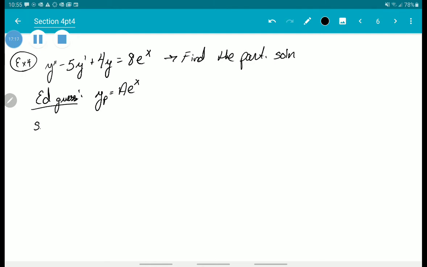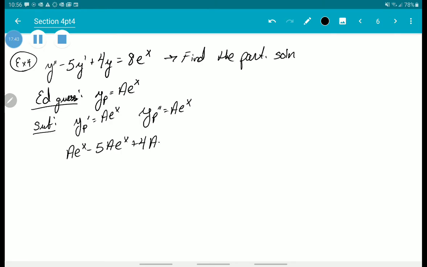So if we wanted to make a substitution into that differential equation to solve for a, we would find the first derivative and the second derivative, and then we would substitute in. So second derivative minus 5 times the first derivative plus 4 times y, and that's going to be equal to 8e to the x.